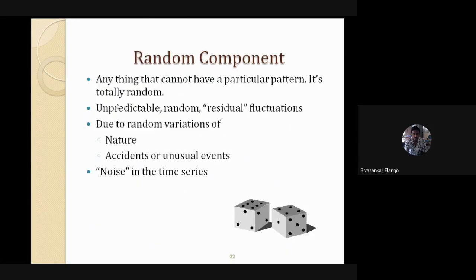And finally, you have a random component. So in data, you may also have unpredictable random values or residual fluctuation values. Due to random variations of nature, accidents or unusual events in your data, this is known as the random component. So these are the 4 components available in time series data.